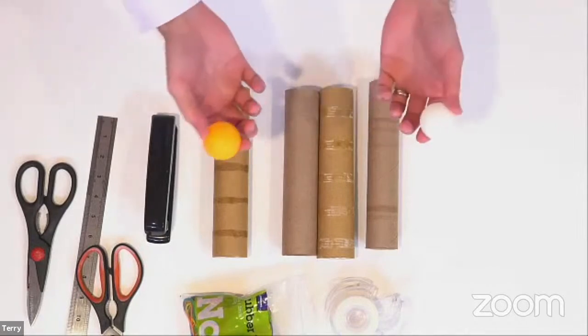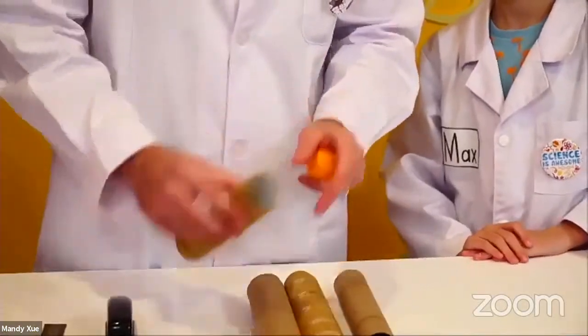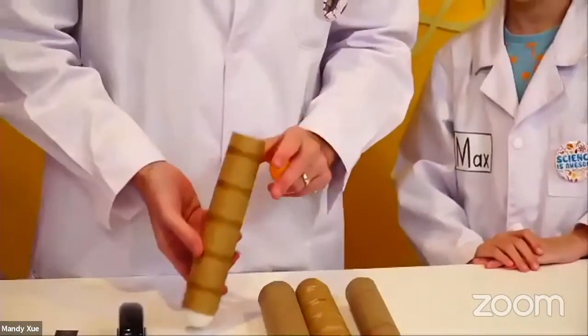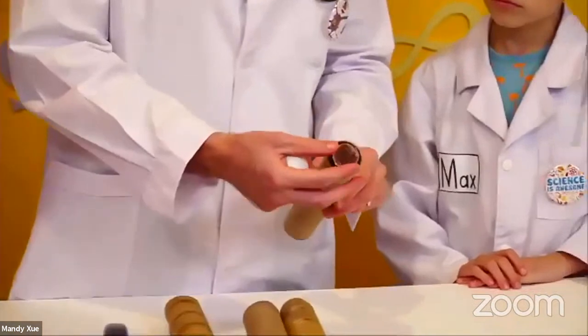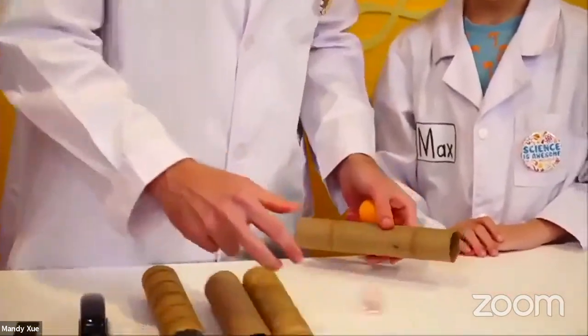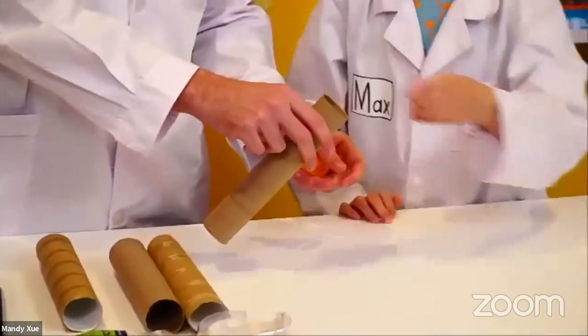We have some ping pong balls, and they need to fit inside of your tube. If you have a tube that's too small to fit a ping pong ball, then you can use another ball, like a bouncy ball, which fits in the tube.